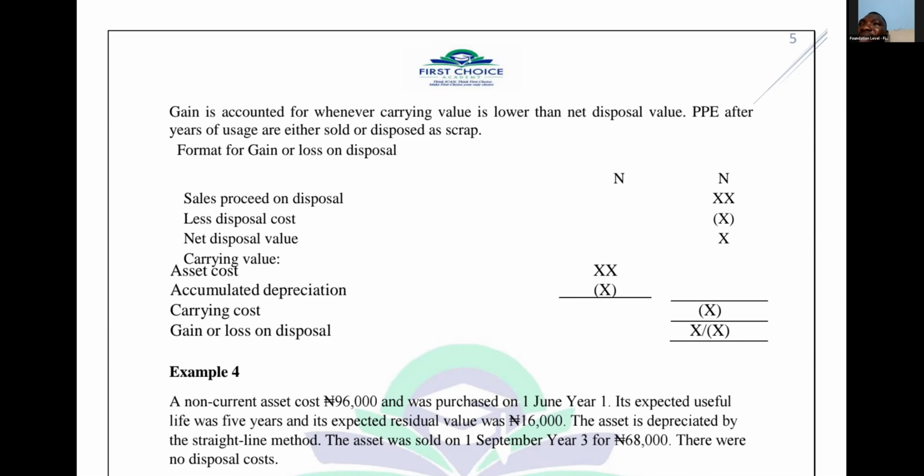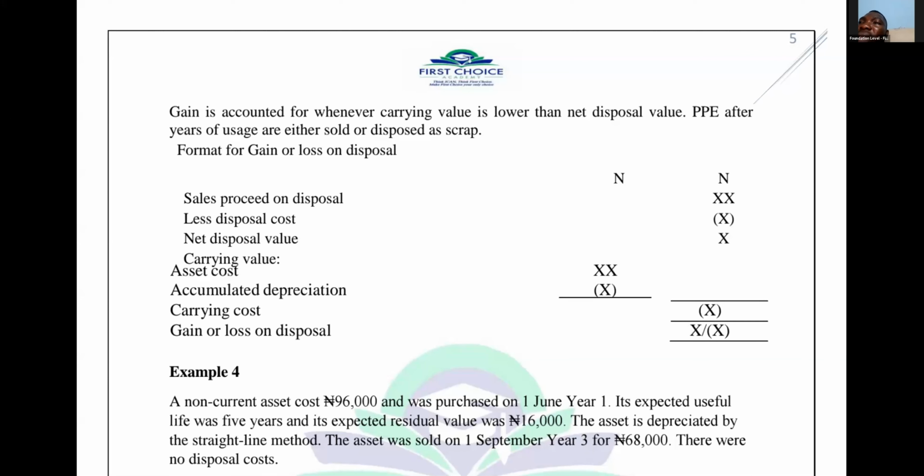So how do we get our carrying amount? We get our carrying amount by saying cost minus accumulated depreciation, or we do opening carrying amount minus depreciation for the year.